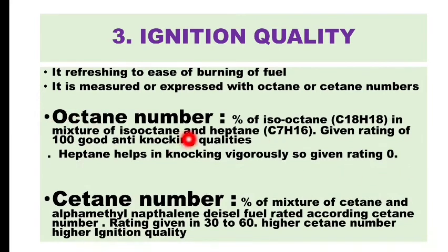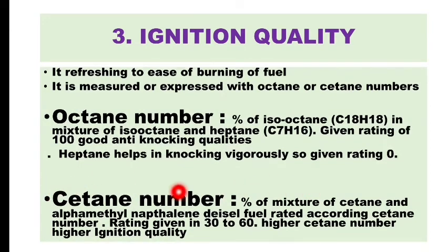So guys, the octane number is the percentage of isooctane in any fuel. Like mostly in petrol we decide the octane number. We can find the octane number in diesel fuel also, but in diesel fuel the presence of isooctane is very small. So we define the quality of diesel fuel on the cetane number.